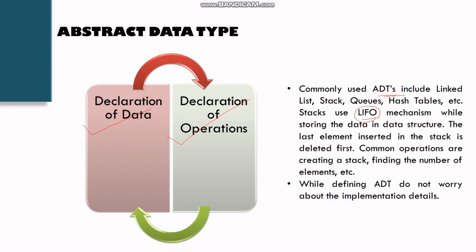The last element inserted in the stack is deleted first. Common operations are creating a stack, finding the number of elements, etc. While defining an ADT, do not worry about the implementation details. We are only specifying the operations as we require them to be performed.